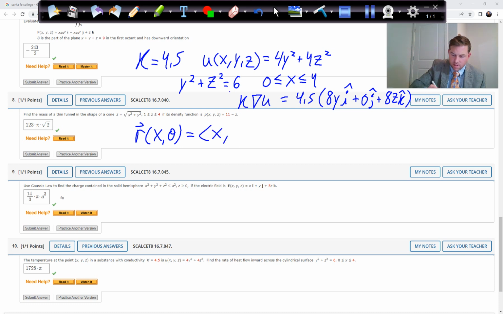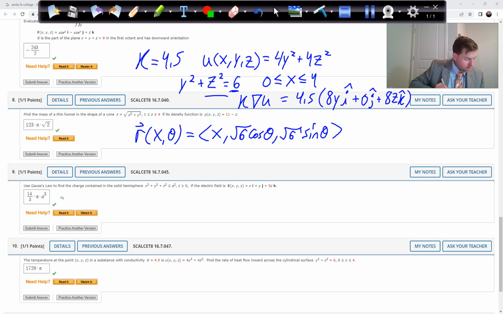And from this 6, if we take a square root to solve for y and z, we're going to get square root of 6 times cosine theta and square root of 6 times sine theta. That'd be the parametrization of this equation here.